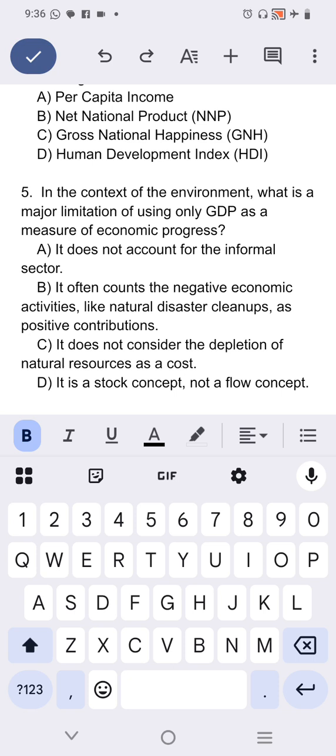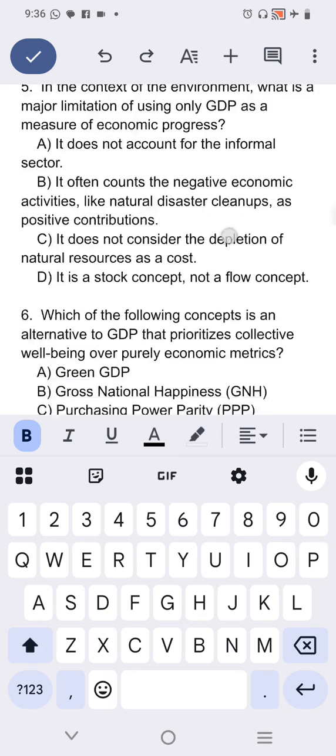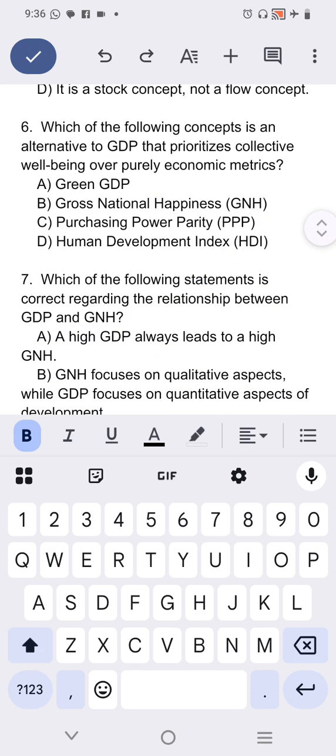That's the major limitation of GDP as a measure of economic growth. Next, a measure that prioritizes collective well-being over purely economic metrics: collective well-being, always tick GNH.